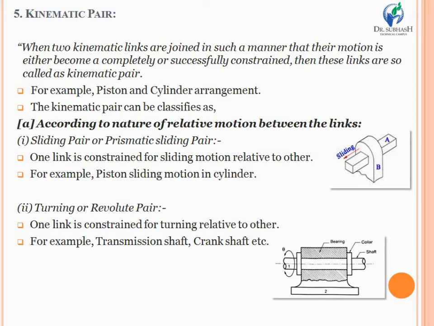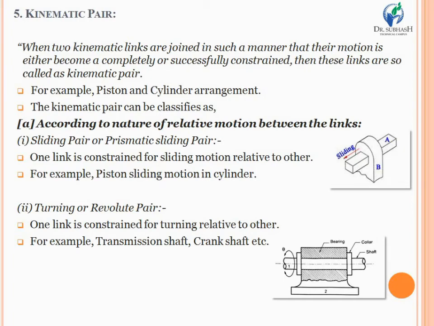Look at the figure on the right-hand side: there is a block in which a square slotted hole is provided, and a sliding bar of square shape is inserted in it. Whenever you push that bar, the relative motion between the block and the bar will be only of sliding type. So this is a pure example of a sliding pair or prismatic sliding pair.